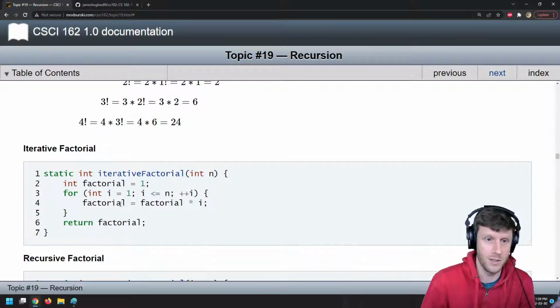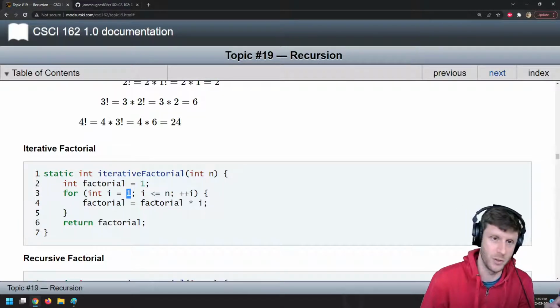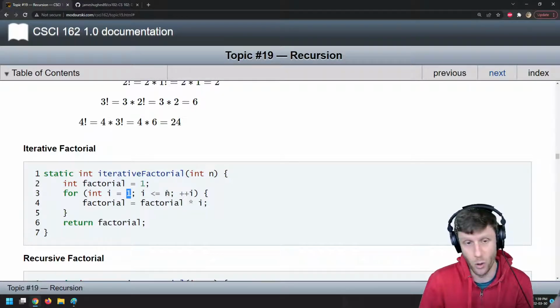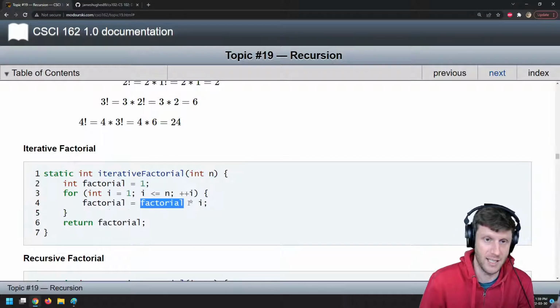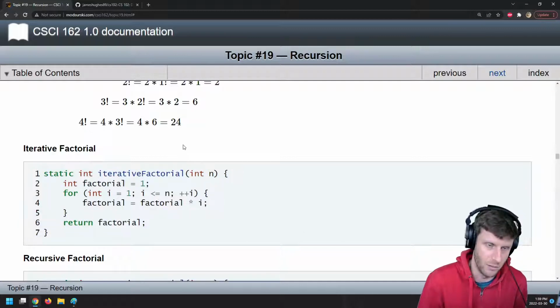Factorial equals 1 times 2, that's 2. i is now 3. 3 is less than or equal to 4, so factorial is equal to 2 times 3, which is 6. i is now 4. 4 is less than or equal to 4. Therefore, factorial is going to be 6 times 4, which is 24. i is now 5. 5 is not less than or equal to n, so we stop the loop, and then we return the result. So this is the iterative factorial.